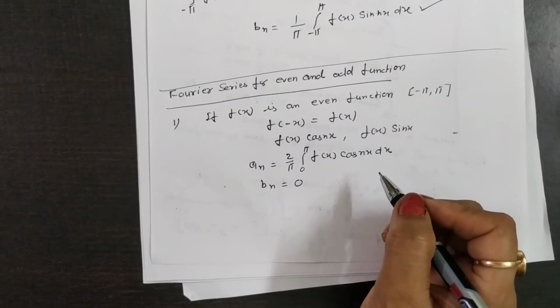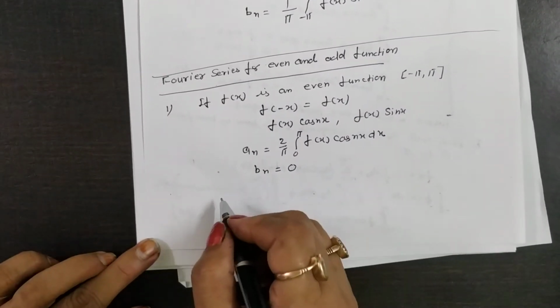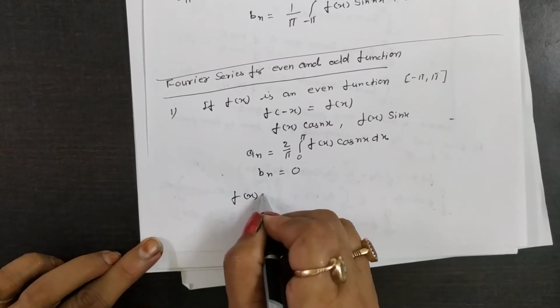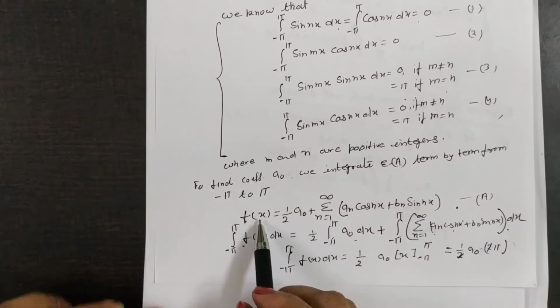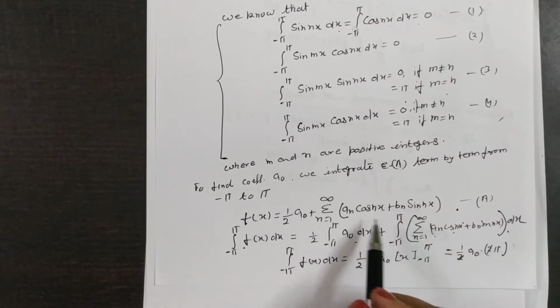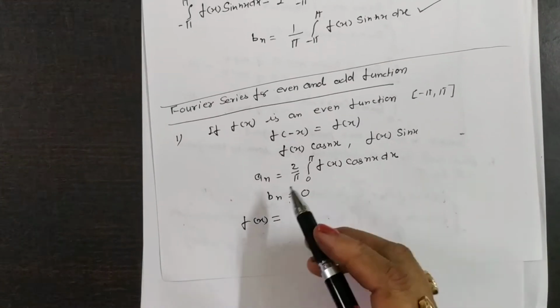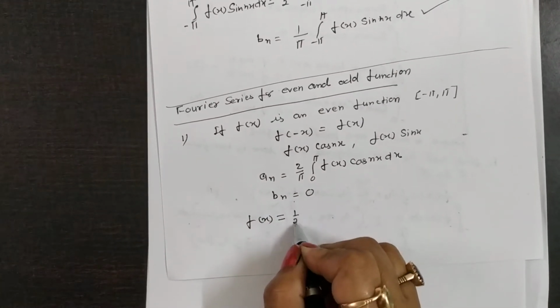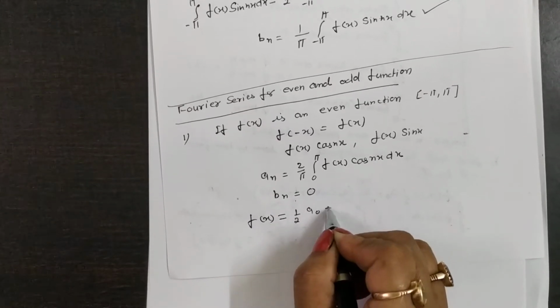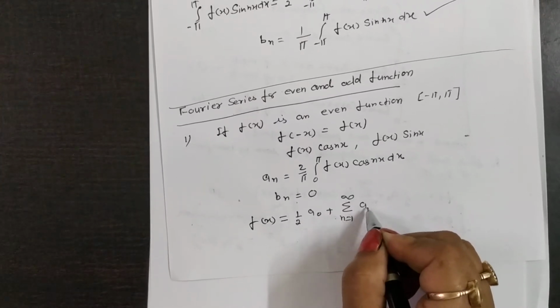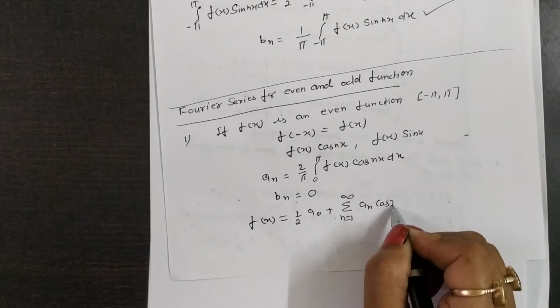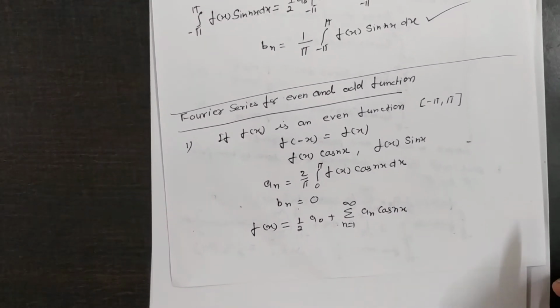Therefore the Fourier series in this interval becomes: here bn is 0, so the remaining series becomes half a0 plus sigma n varying from 1 to infinity an cos nx.